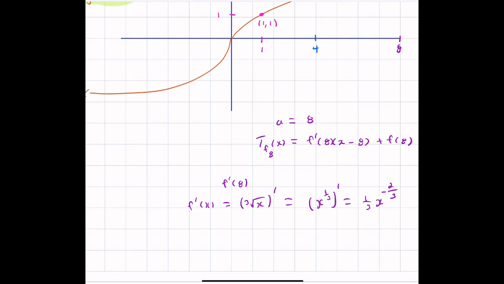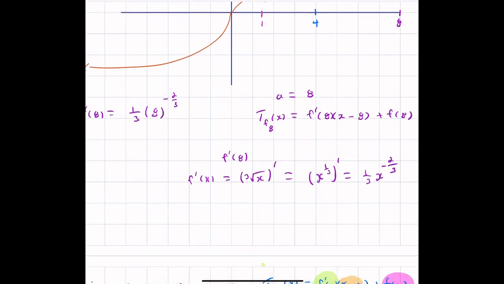So if I plug in 8 to that, f prime of 8 is 1 over 3 times 8 to the negative 2 over 3, which is 1 over 3 times 1 over 8 to the 2 over 3, which is 1 over 3 times 1 over 8 to the 1 over 3, squared. When I'm multiplying exponents, it's like exponentiating the exponents, right?